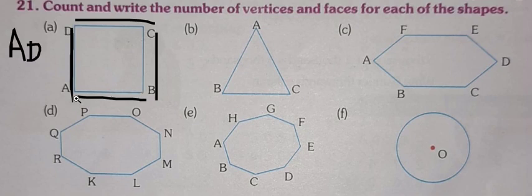Now what would be the second face? The second face name is AB. It is very easy to write the name of the faces. Just see the edges. This edge is of A and this edge is of B. So the line would be named AB.